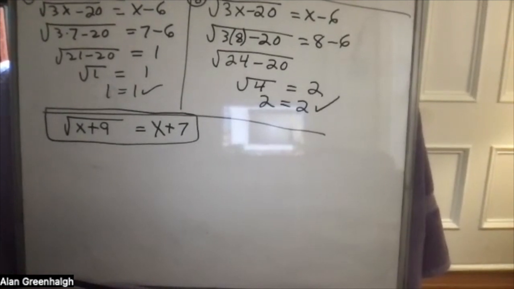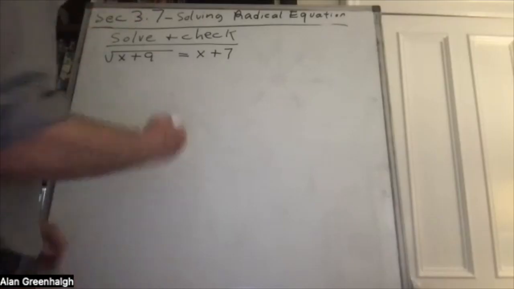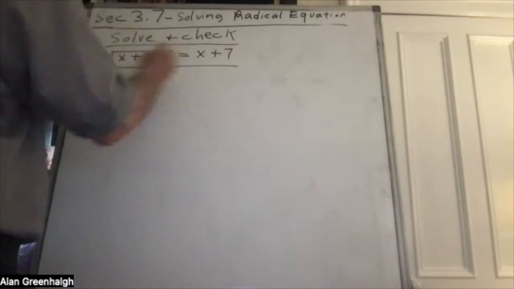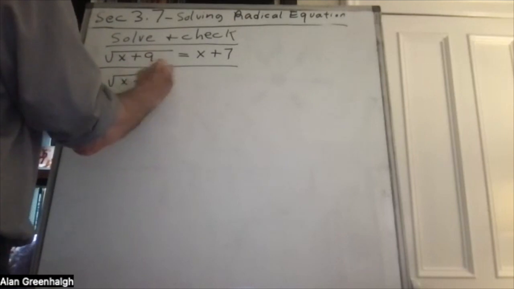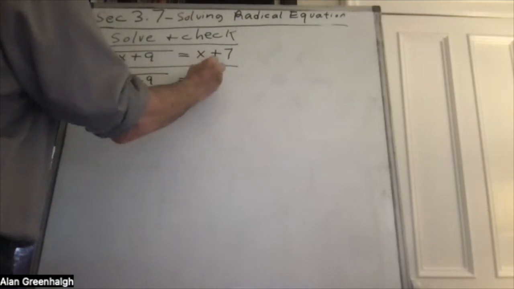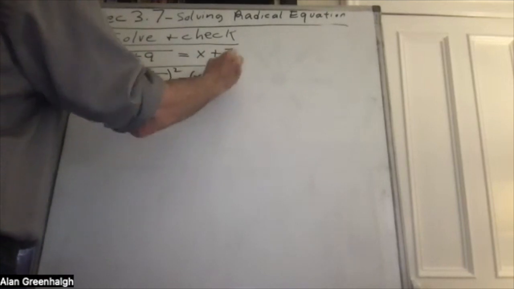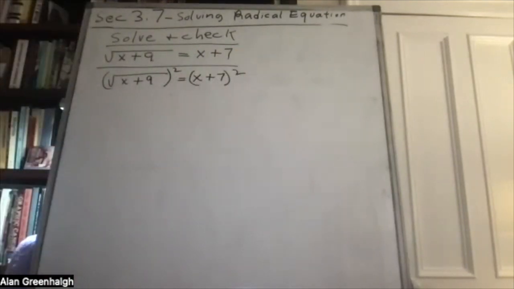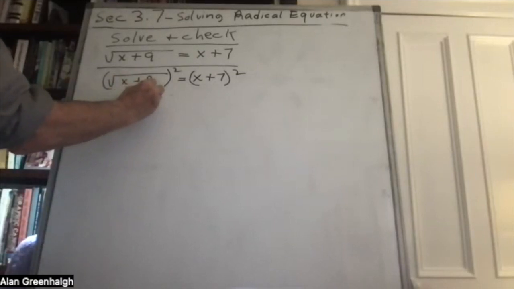So write that down, and meanwhile I'm going to erase the board. I'm afraid we're running out of time, so I need to begin doing it. I'm sorry if you're not finished yet. I apologize, but we're running out of time. So that's the first step, as you know, and you get x plus 9.